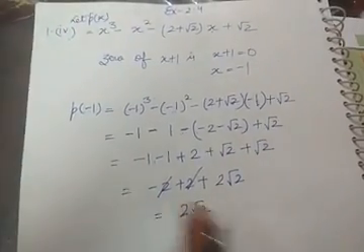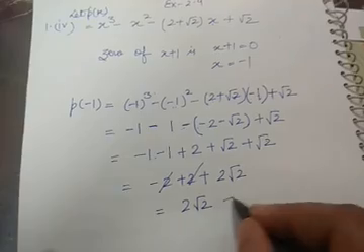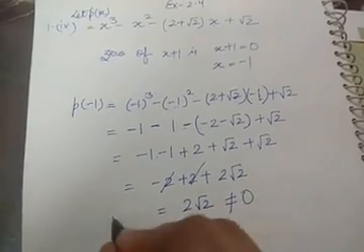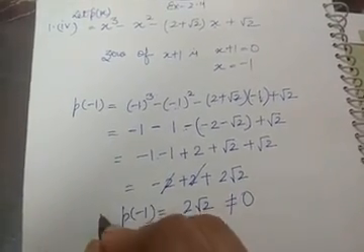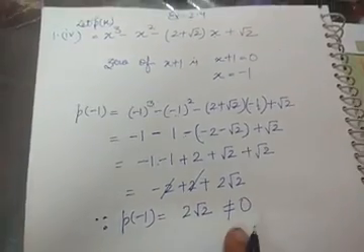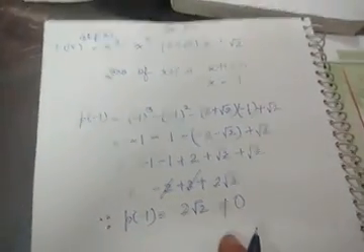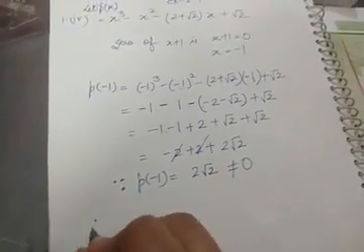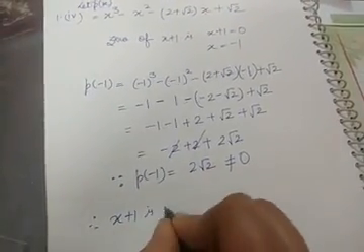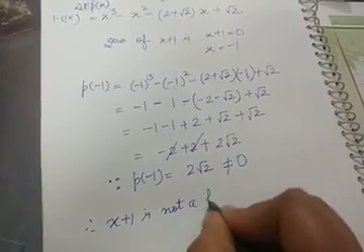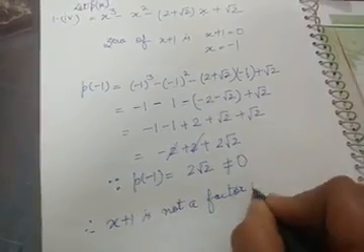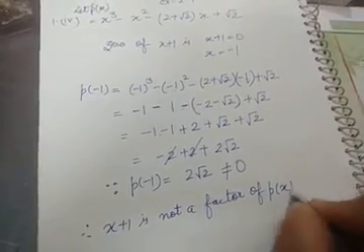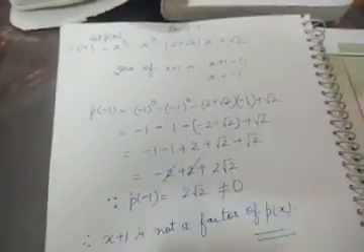So what remainder are we getting here? Not equal to 0. Because P of minus 1 is 2 root 2, that is not equal to 0. So therefore, what will we write? X plus 1 is not a factor of p(x). Okay, so in this way you have to solve.